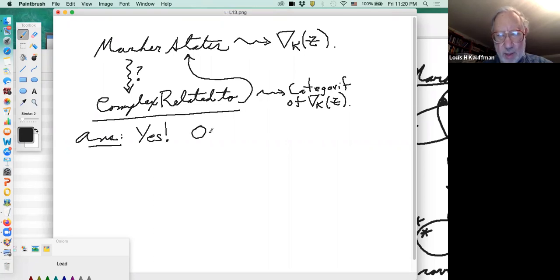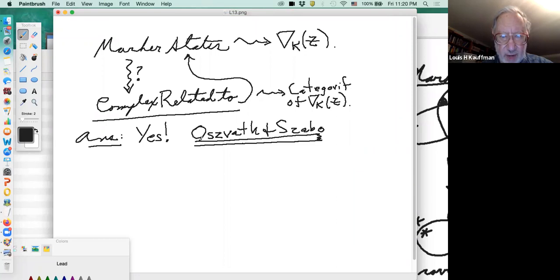And this is what Ozsváth and Szabó did. But they did it by a very sophisticated line of thought. And I'll show you a little bit about that in the last few minutes, and we'll talk more.